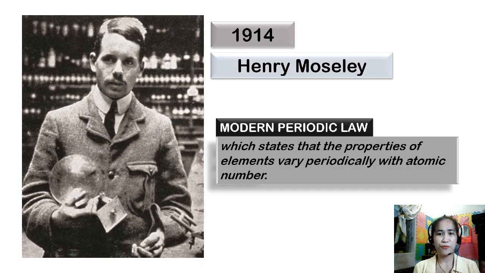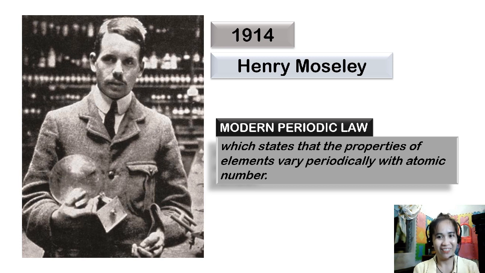In 1914, Henry Moseley, an English physicist, observed that the order of the X-ray frequencies emitted by elements follows the ordering of the elements by atomic number. This observation led to the development of the modern periodic table.